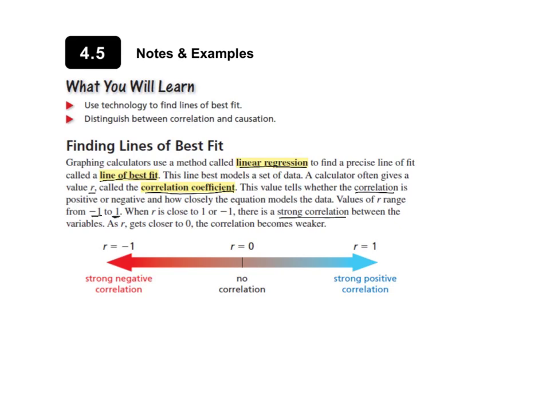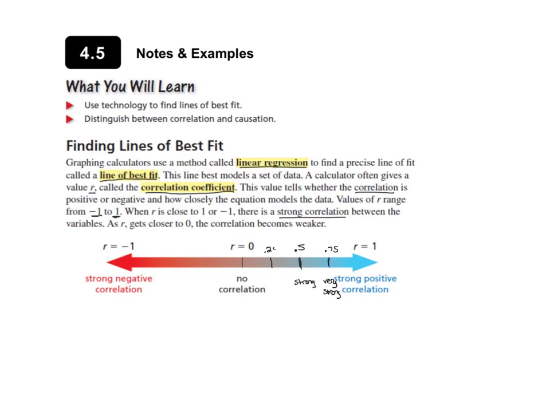So we're going to say that anything above 0.5 is going to be considered a strong correlation, and anything above 0.75 is going to be considered a very strong correlation.